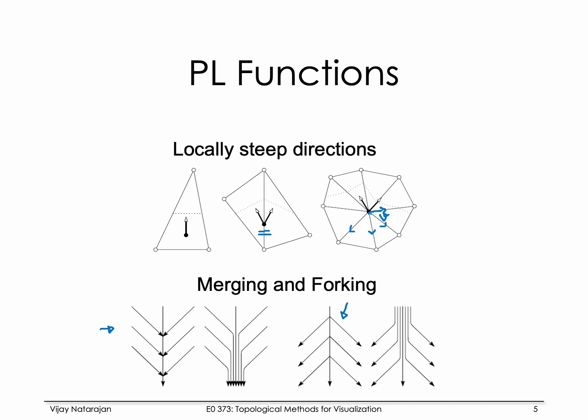A way to handle these merging and forking behaviors is to simulate this notion of differentiability by allowing the gradient lines to merge, but ensuring that once they merge, the gradient lines stay together.